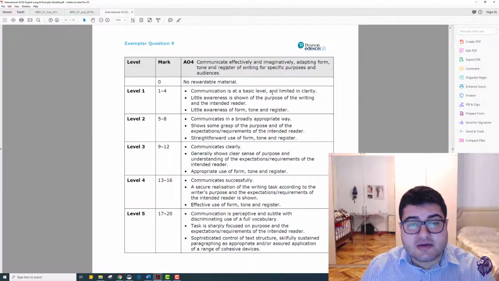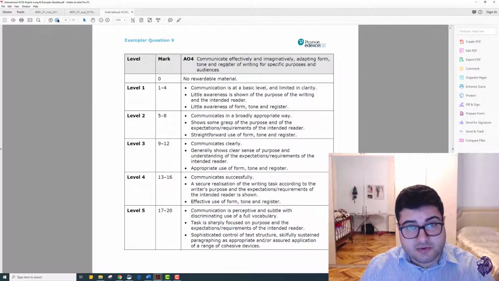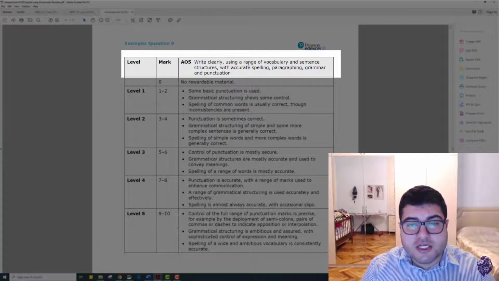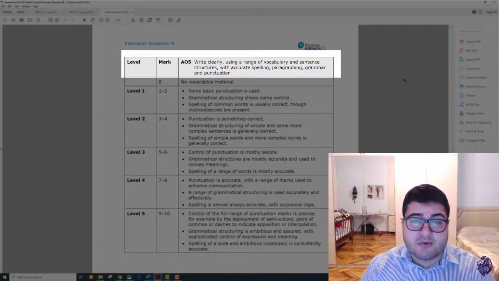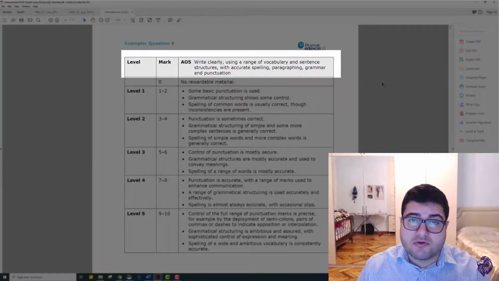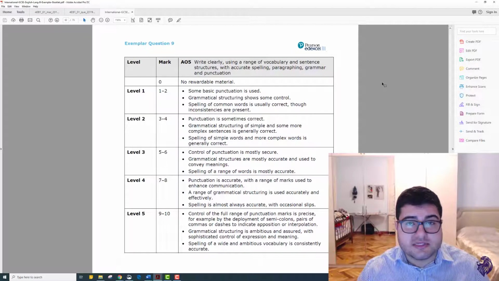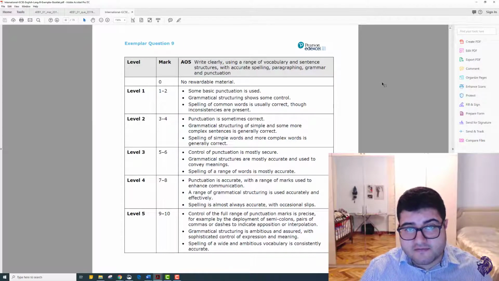And Assessment Objective 5, which takes the other 10 points, is your spelling, punctuation, and grammar. So write clearly using a range of vocabulary and sentence structures with accurate spelling, paragraphing, grammar, and punctuation. So 20 points is Assessment Objective 4, and 10 points is Assessment Objective 5.